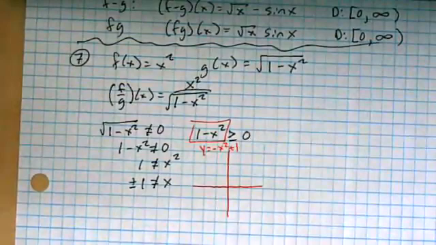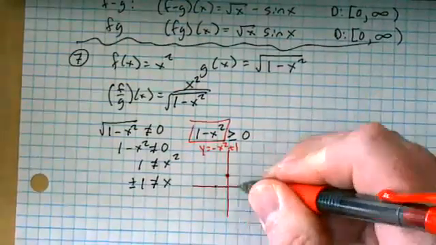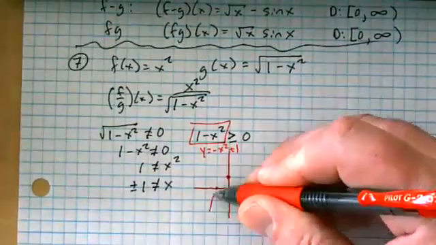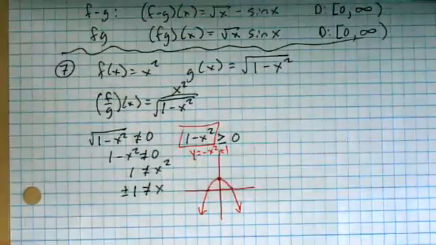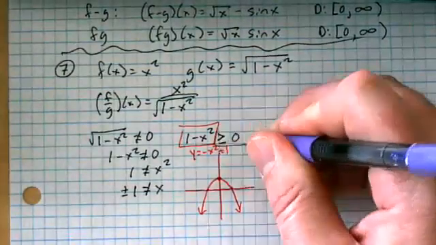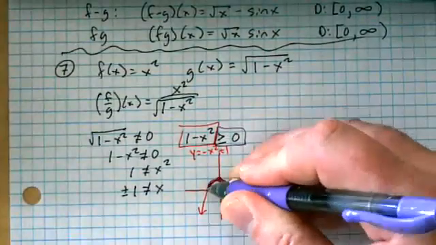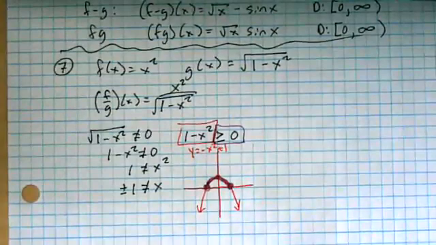I'm hopeful that you know that that's going to be a parabola opening downwards. Y-intercept at positive 1. X-intercepts at plus or minus 1. And so it would look something like that. And I'm only interested in the portion of that graph that is greater than or equal to 0. So I'm interested in this portion up here, and that would include positive 1 and negative 1.